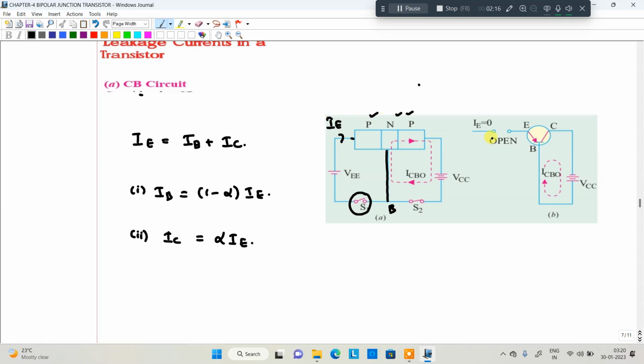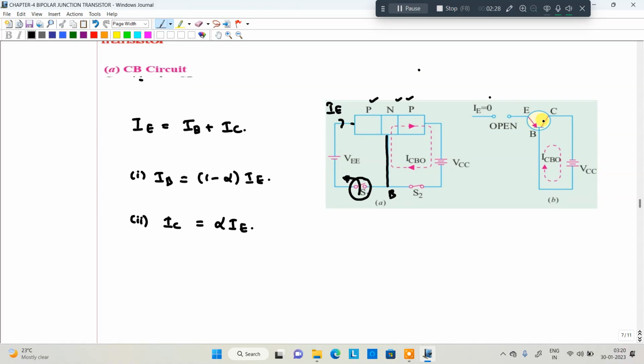So now IE becomes 0 whenever the switch is open. What will happen? The emitter terminal is open, so the emitter is not connected to the transistor. It is left open.